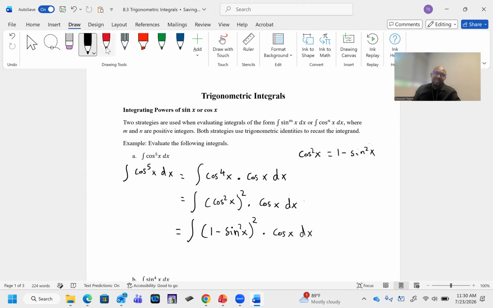Do you get it? Let u be equal to sine x. Then du will be cosine of x dx. So do you see? This is my du now, right? And this is my u.